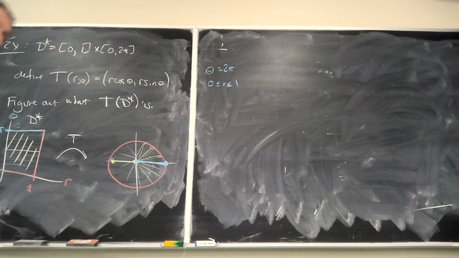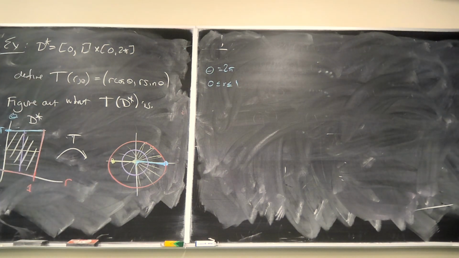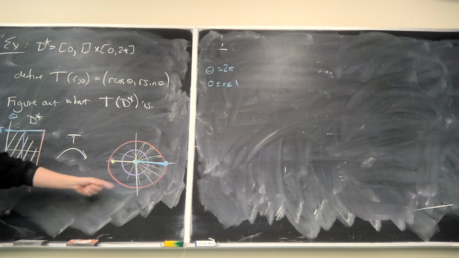If you picked a different line inside this set, this one, that's radius 1/2, but now the thetas are allowed to go from 0 to 2 pi. So you can see that the grid lines that we set up here correspond to the polar grid lines over there. So lines of constant r and theta over here are pushed forward into these lines in this picture.